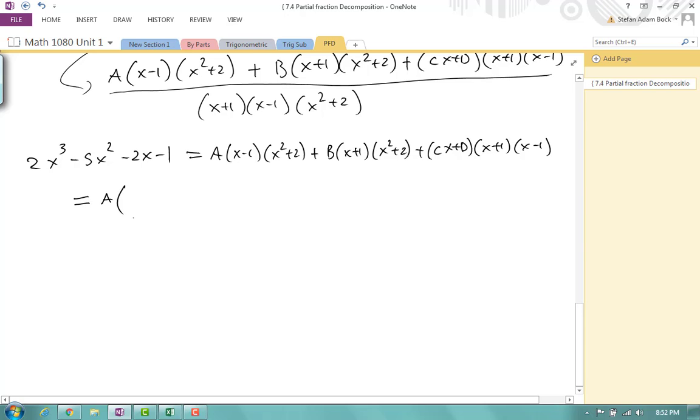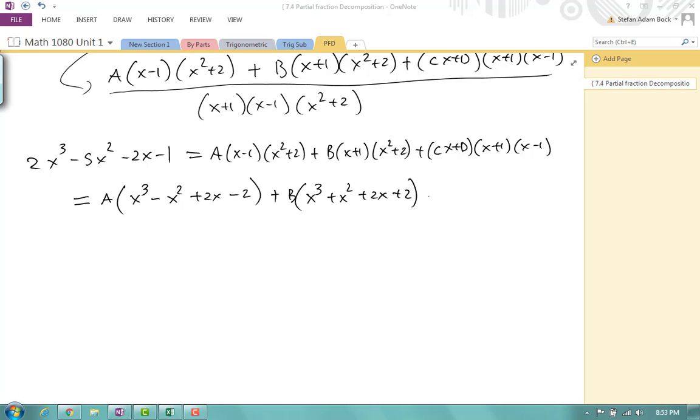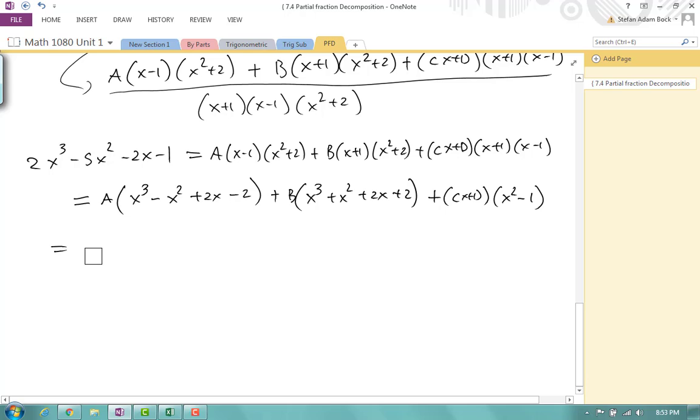I have a times x cubed minus x squared plus 2x minus 2, plus b times x cubed plus x squared plus 2x plus 2, plus cx plus d times x squared minus 1. Several steps. Let's distribute these coefficients.